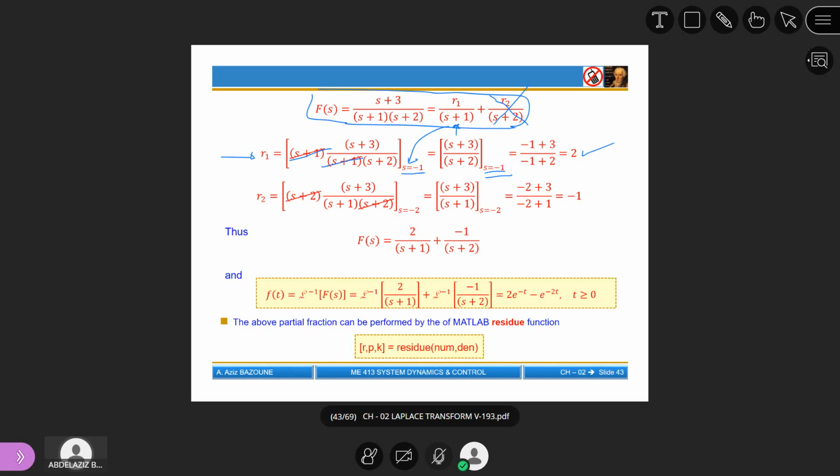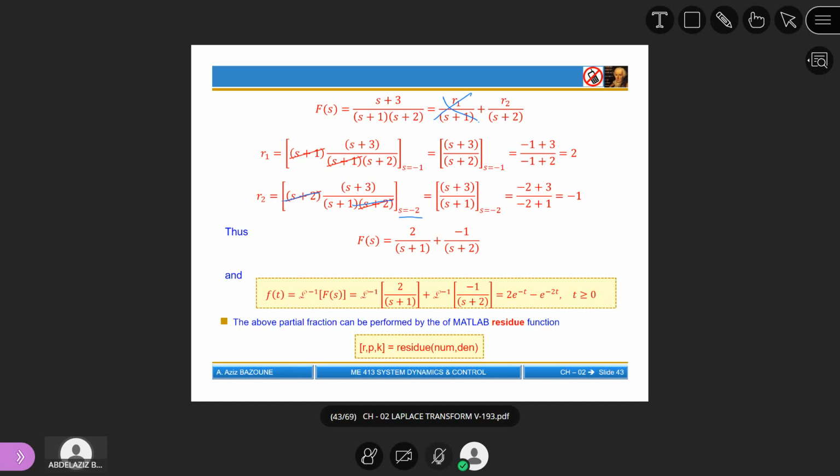In a similar way, we can find R2. In solving for R2, we just ignore R1. So we will say, forget about this. And then R2 will be equal to S plus 2 times S plus 3 over S plus 1 multiplied by S plus 2, and I will substitute S equal to minus 2. You simplify the 2 and 2.